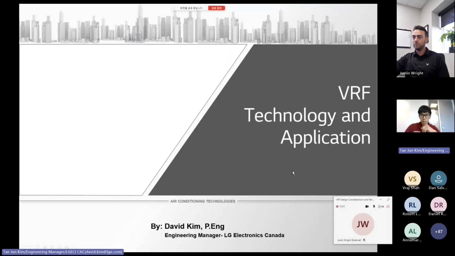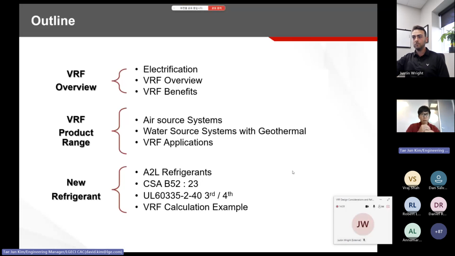So first, the things that I'm going to be talking about today is basically a basic VRF overview of what the VRF is, some of the VRF benefits, and some of the VRF product range, not only focusing on the air source, but then also the water source as well, and giving some ideas about special VRF application.